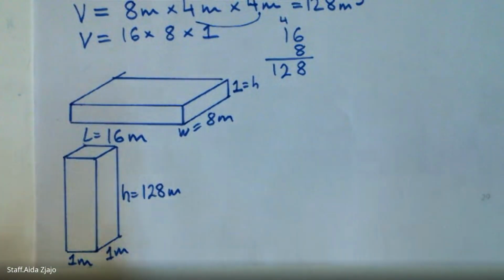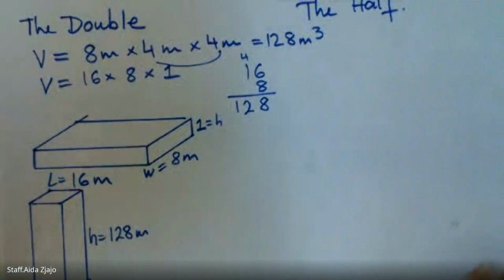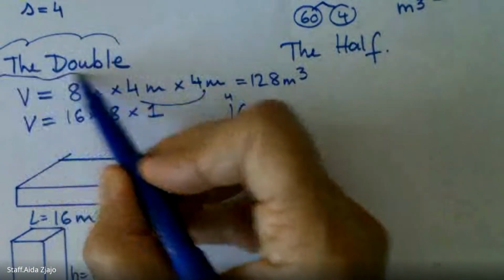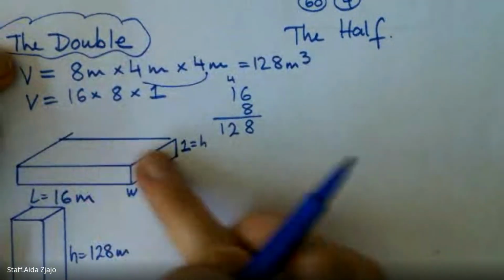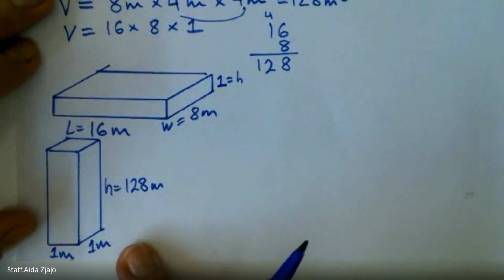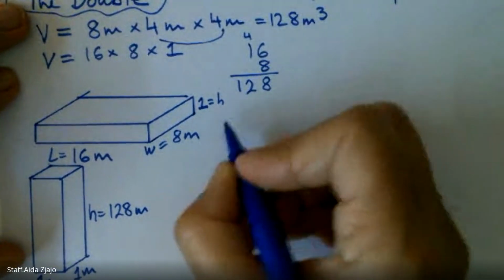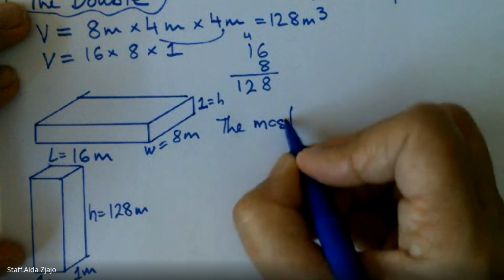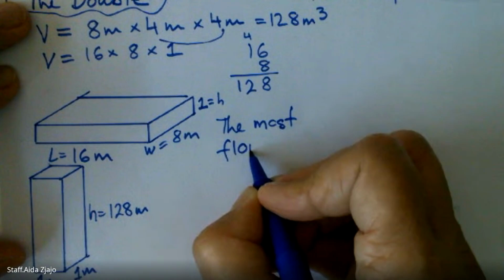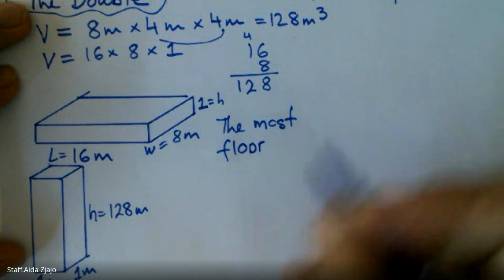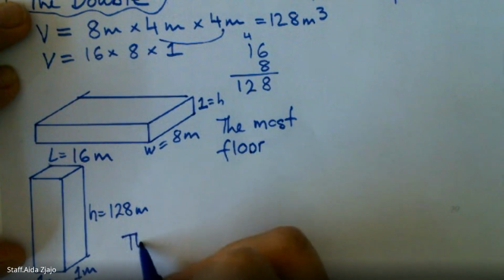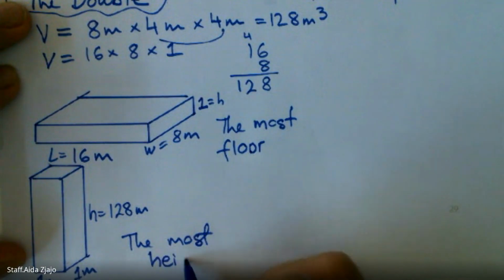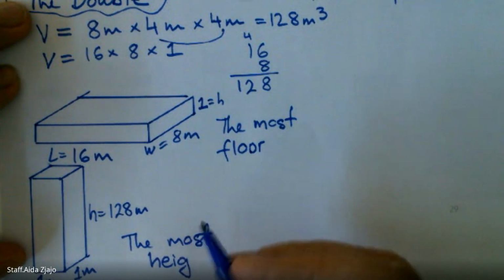And then if you think about the half, this was the double, so the most space, and then the most floor, and then this is the most height.